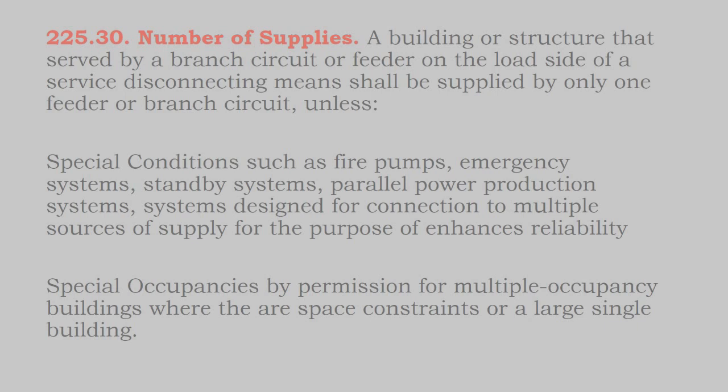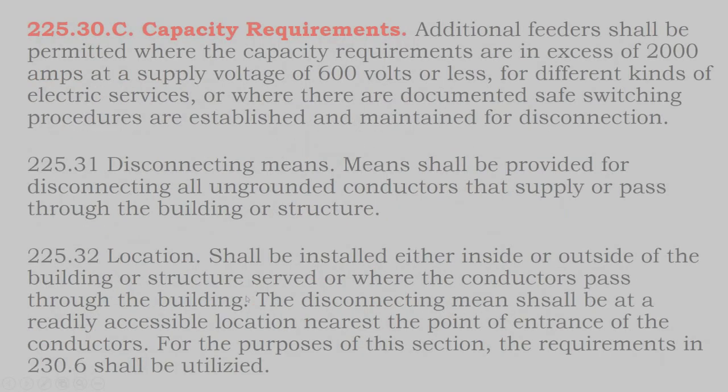So what that says is you should not have two utility services feeding the same building for no reason, just because you want power on that side of the building and the other side of the building. The building has to have the one supply unless there's a special reason or special condition for it to have two.